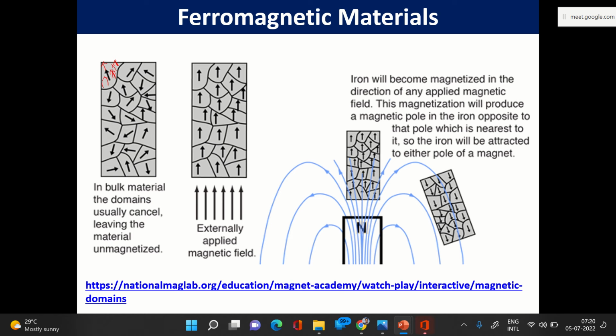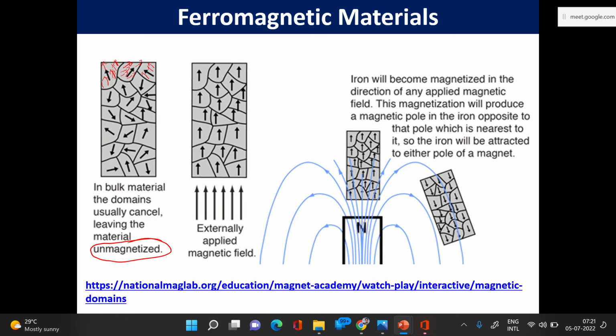But there are several such areas where spins are aligned with respect to each other but pointing in some other direction. Actually they are lying on different atoms, but the overall situation is that there is no net magnetization. That is the situation if you have just synthesized a ferromagnetic material.